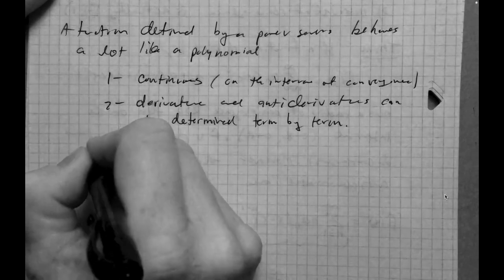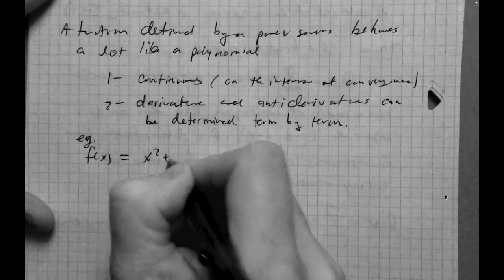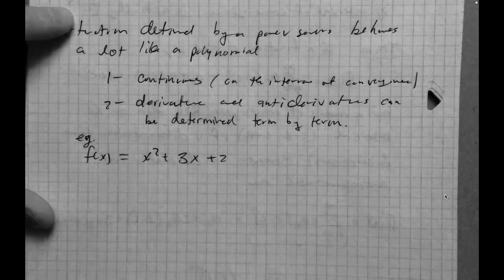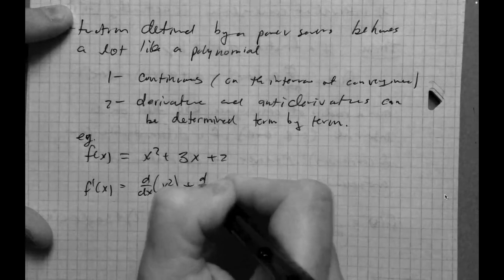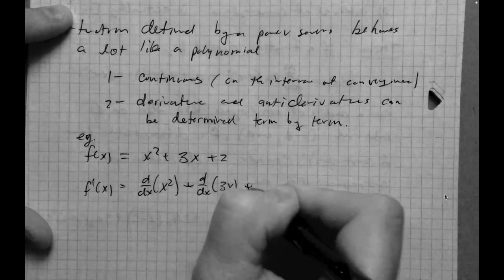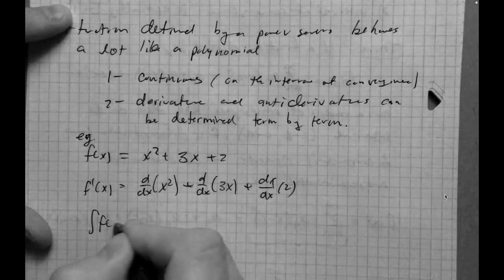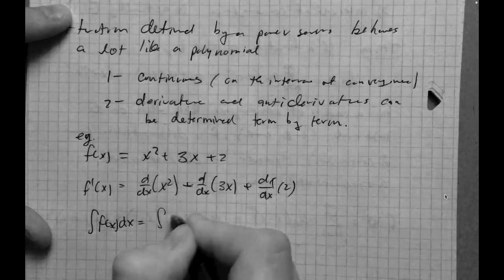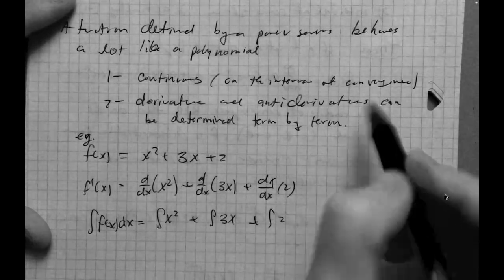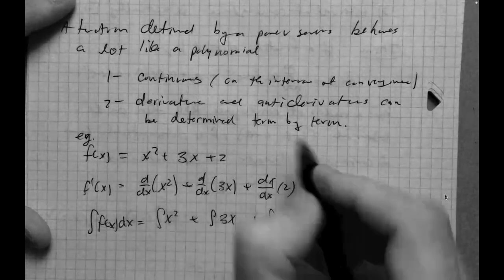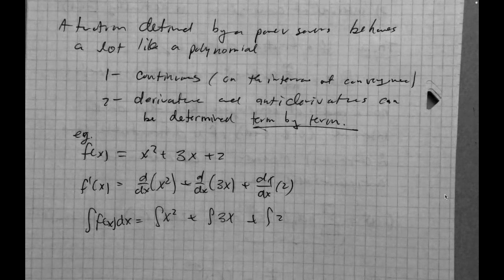So if my polynomial is f of x equals x squared plus 3x plus 2, then the derivative is the derivative of the first term plus the derivative of the second term, like this. And also the integral is the same way, right? It's the integral of x squared plus the integral of 3x plus the integral of 2. That's what we mean by derivatives and antiderivatives can be determined term by term. It's simple. That's a fact of polynomials, right? They can all be broken up nicely like this.